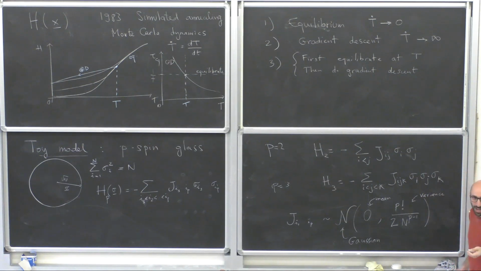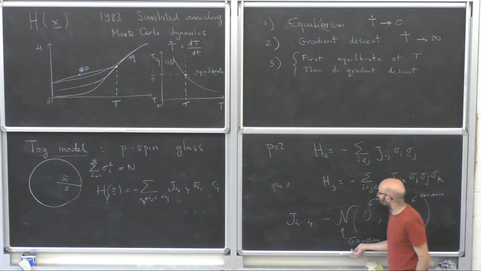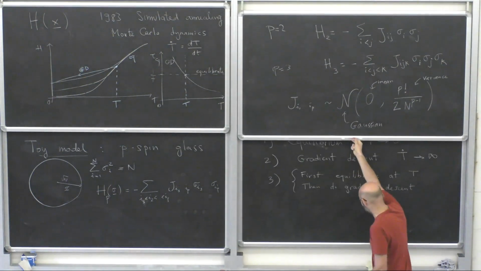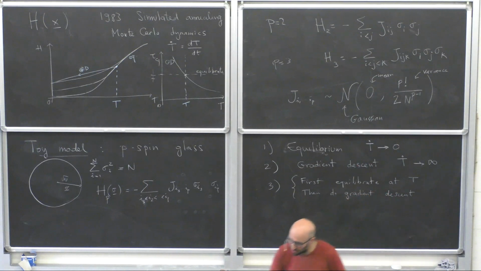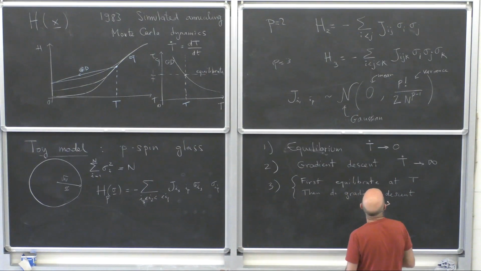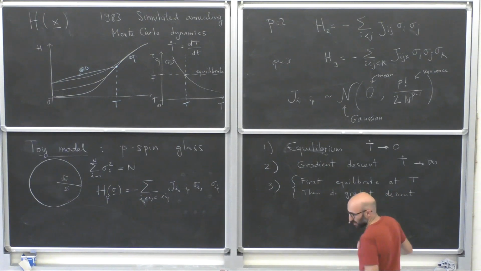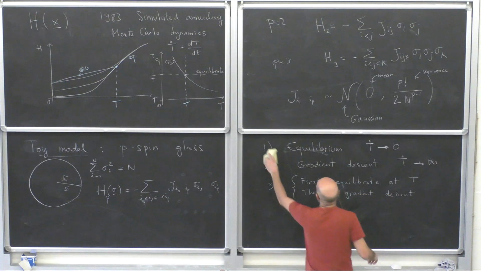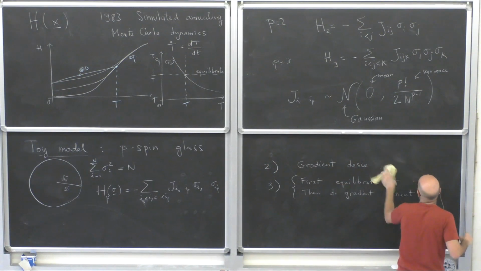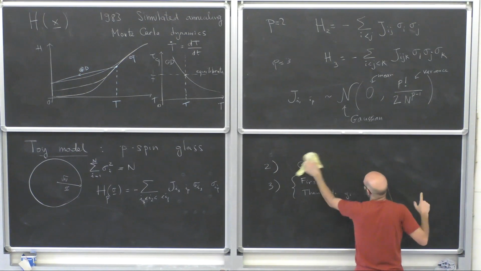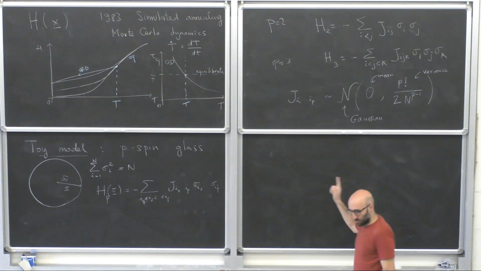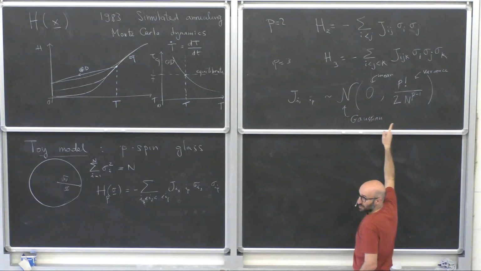For a Gaussian, you have only to give the mean and the variance, and the same for all the possible couplings. So each of the J, for each choice of indices, is an independent random variable with this mean and this variance.